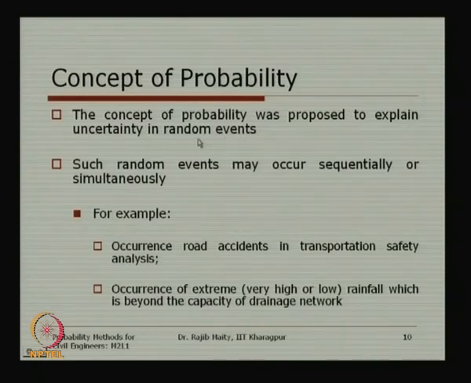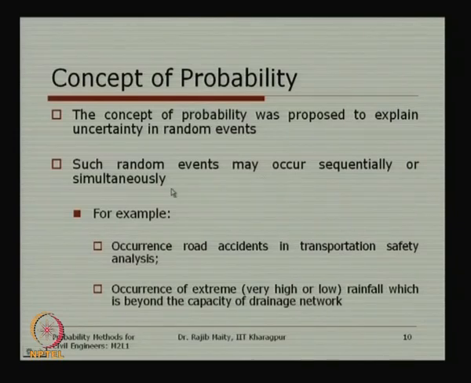So I have to give some number, some belief, and I have to assess that number. This concept of probability is developed to give some explanation to that uncertainty in random events. Such random events may occur sequentially or simultaneously.